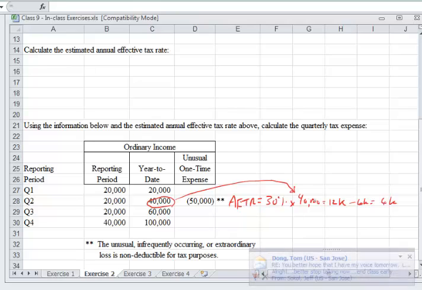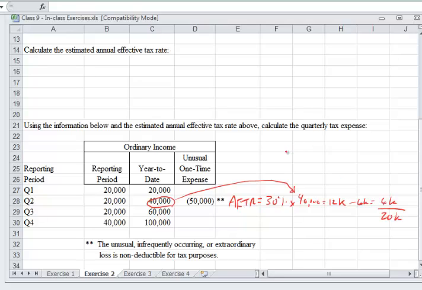All right, so my tax expense for the quarter is 6. But my income for the quarter, normally it would be 20, right? And my rate would be normal, 30%. But this is all before I do the weird stuff.